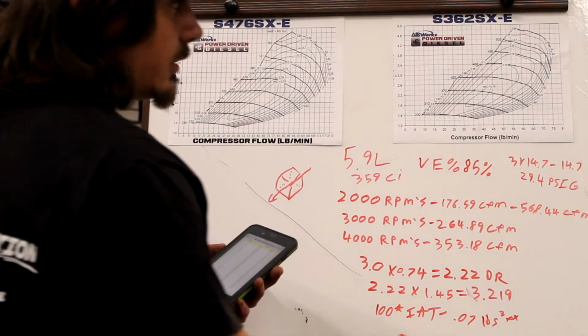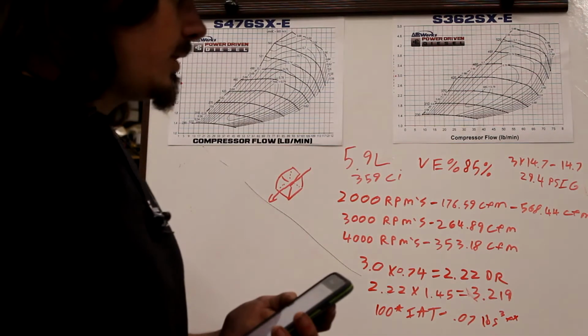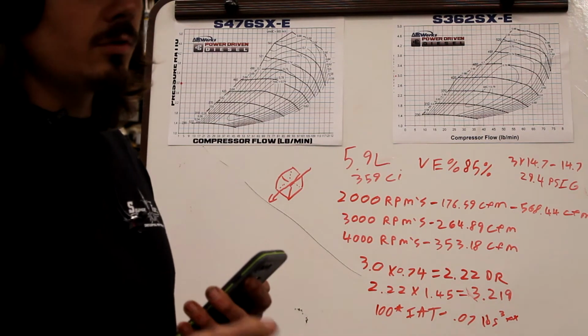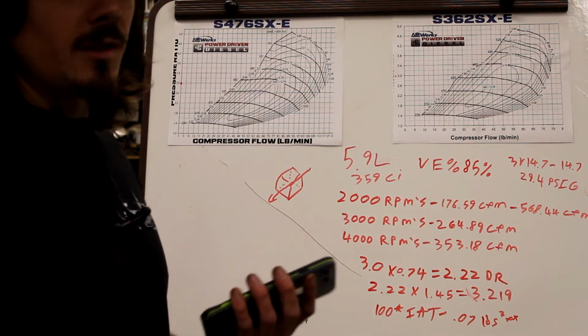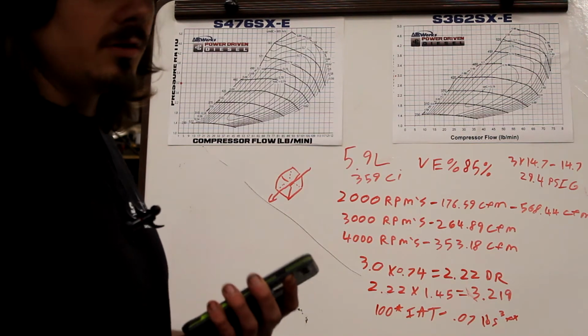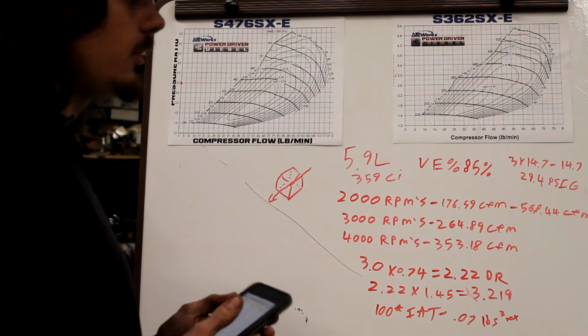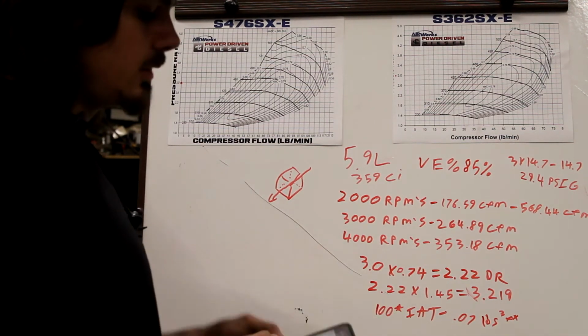Now, during the summertime, on average, we'll see between 120 to 140 degrees after the intercooler, and right now, with it being wintertime, we average 60 to 80 degrees after the intercooler. So you can see how the time of the year and your location plays a big role in this.